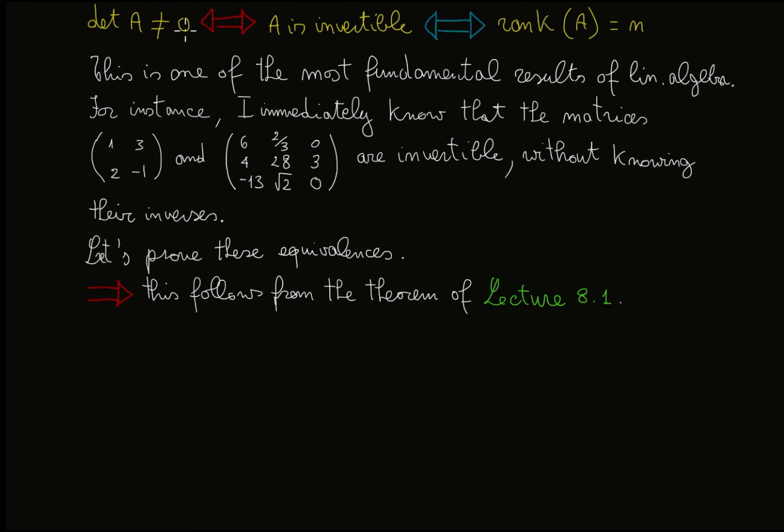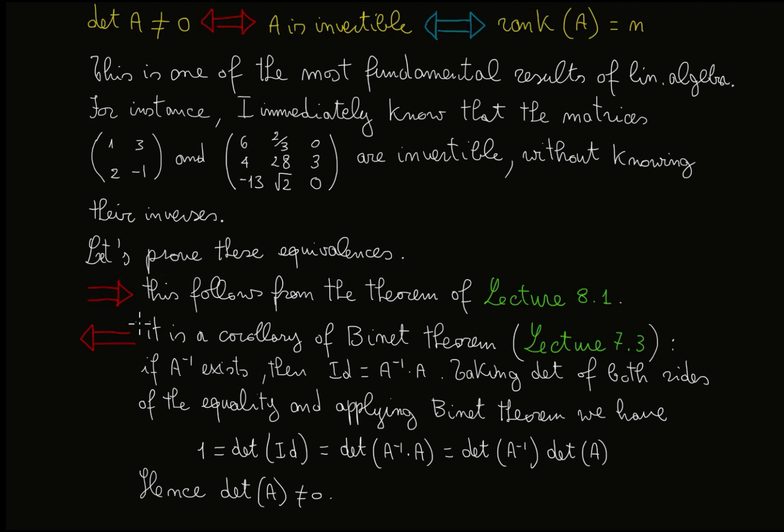Let's now prove these equivalences, starting from the red implication, meaning that determinant different from 0 implies A is invertible. This follows from the theorem of lecture 8.1, which gave a formula to compute the inverse of A in the case the determinant of A is different from 0. So in that case, we even have a formula to compute the inverse of A, using the fact that the determinant of A is non-zero.